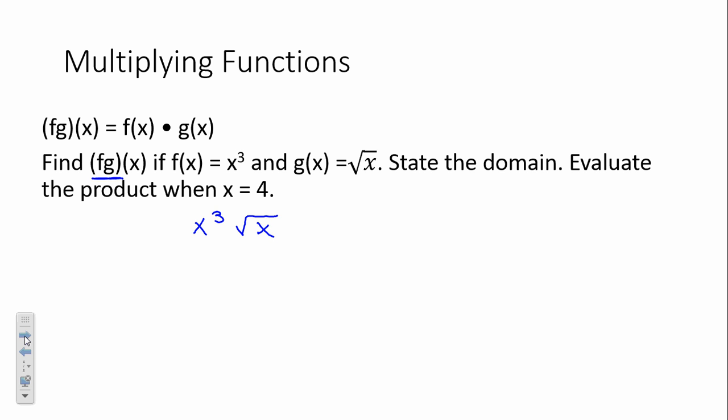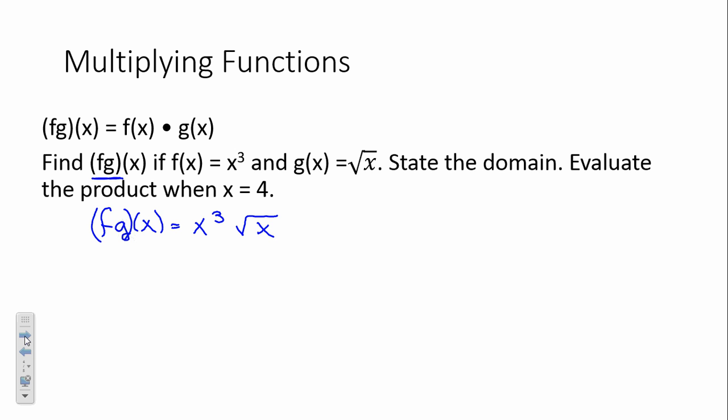Not really. We could make it into one power, but I think that's as simplified as we need to go. Okay, so f times g of x is this. Okay, now they want us to state the domain.